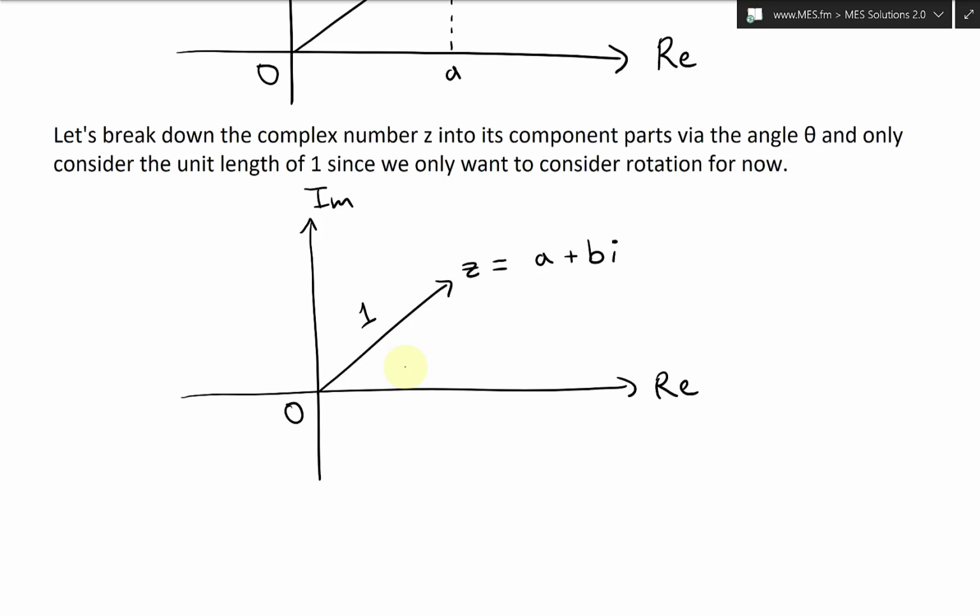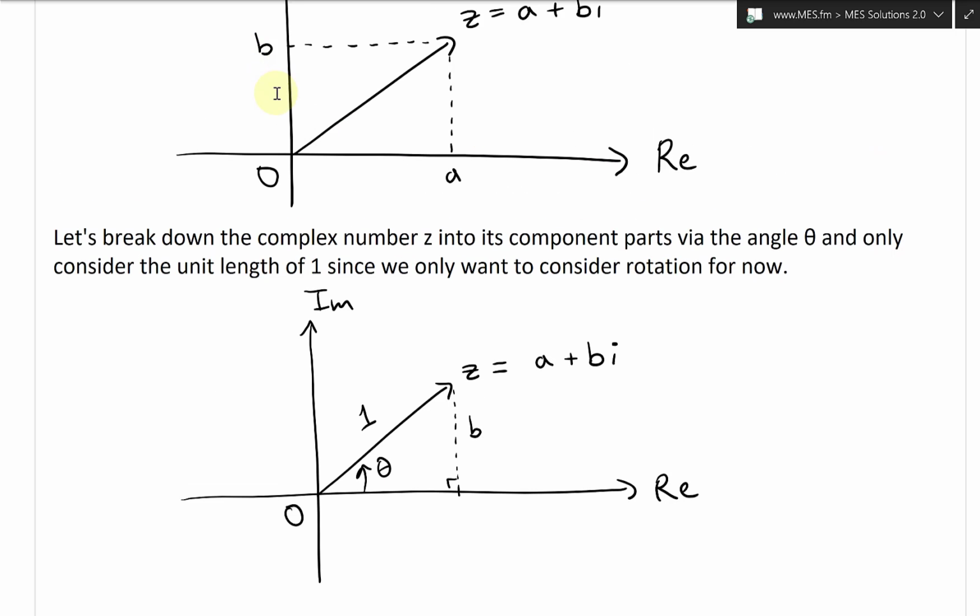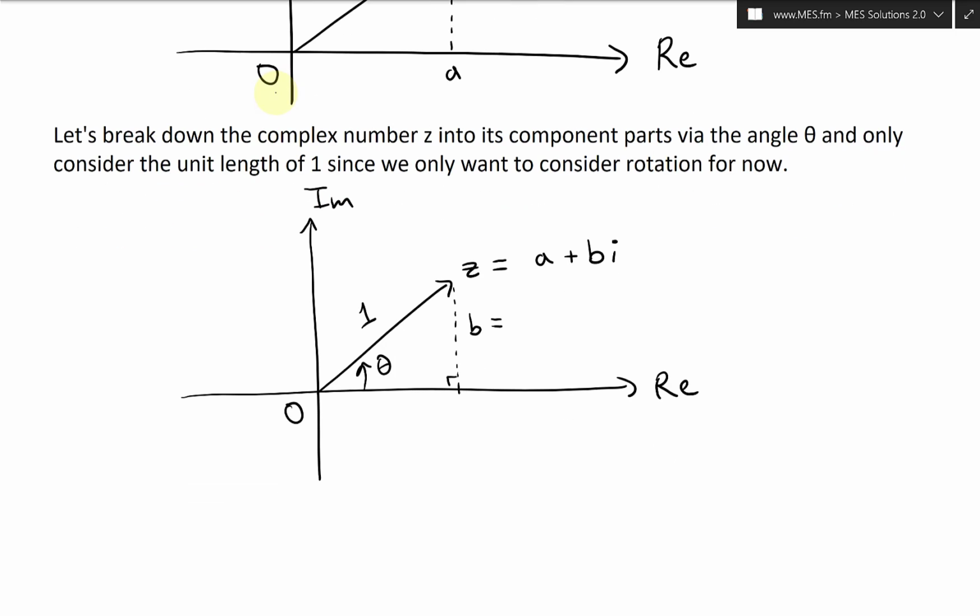All right, and then this is the angle theta, from the real axis. Now these components: this is the B, the vertical component, and the hypotenuse there is 1. So we just do 1 times sine theta, or just sine theta. And then A is equal to cosine theta, as before.